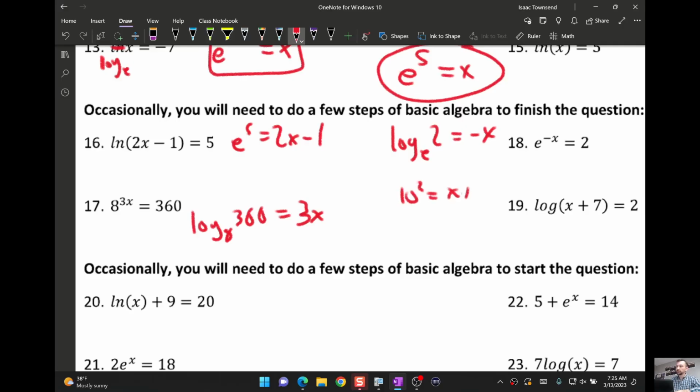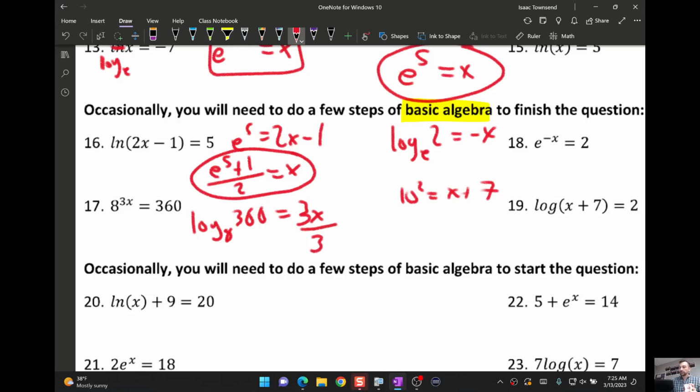to exponential form. The difference between these questions and the sections above is that these are not quite finished because these are not what x equals. They have a little bit more work to be done. You have some arithmetic to undo, or some basic algebra, whatever you want to call it. This one you would need to add 1 and divide 2 before you finished.